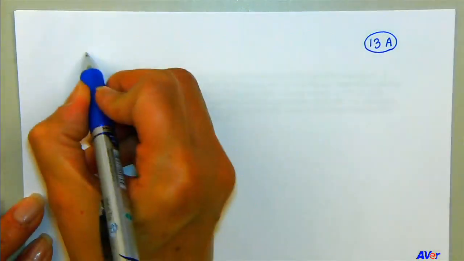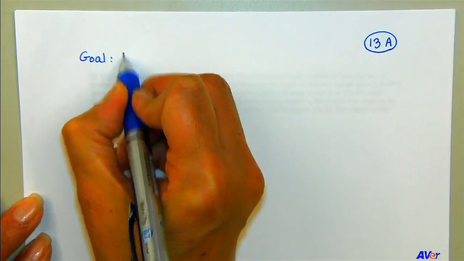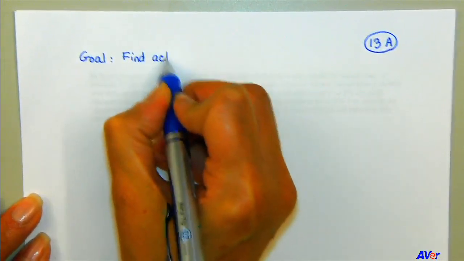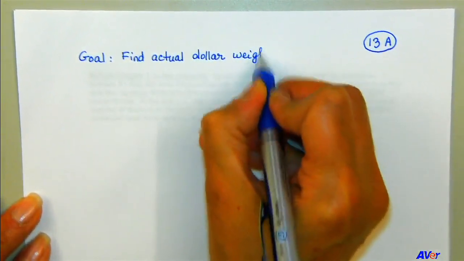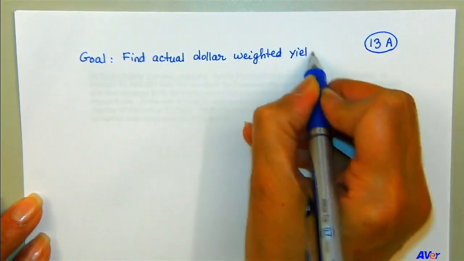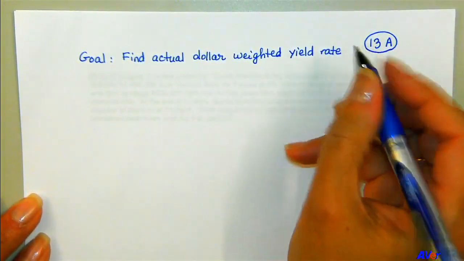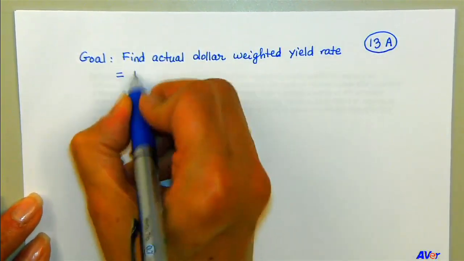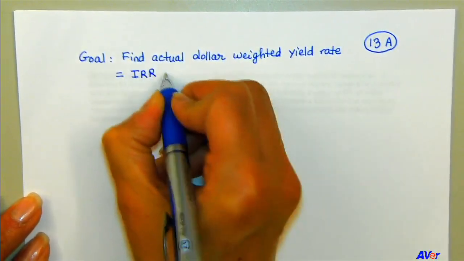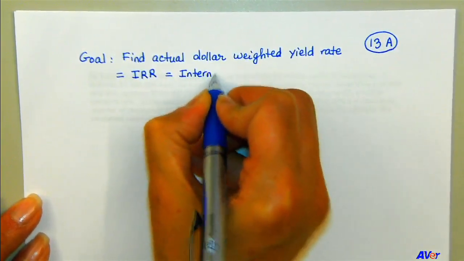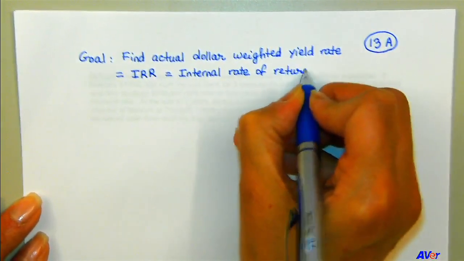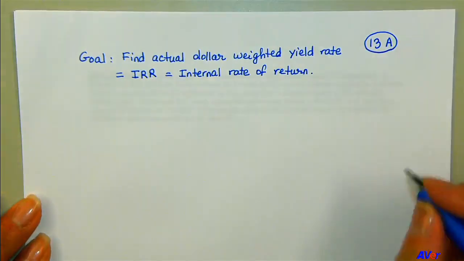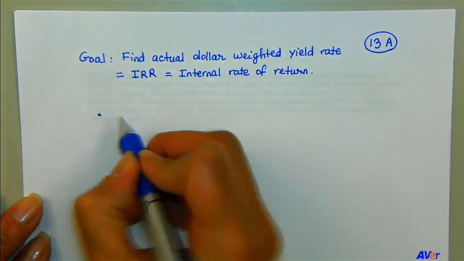So I need my timeline again. Goal is to find the actual dollar weighted yield rate, otherwise known as the internal rate of return. The other one was an approximation. So let's do my timeline.